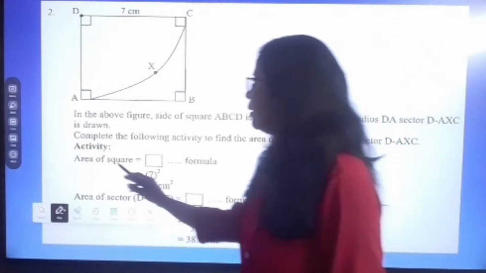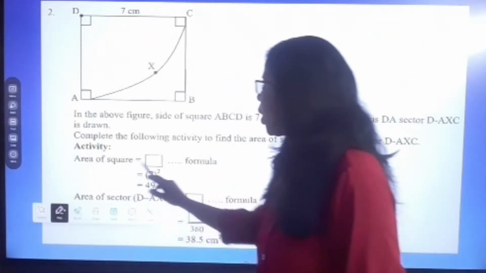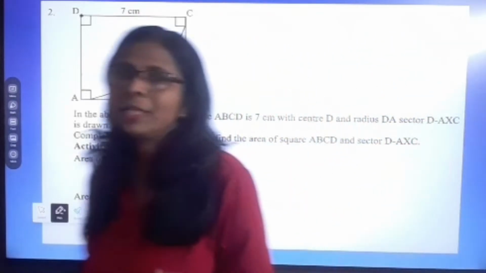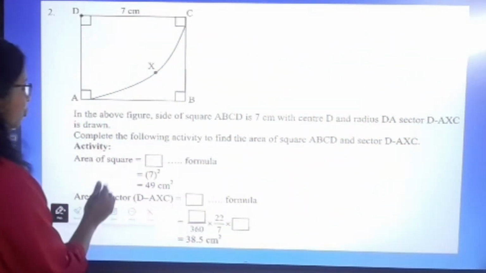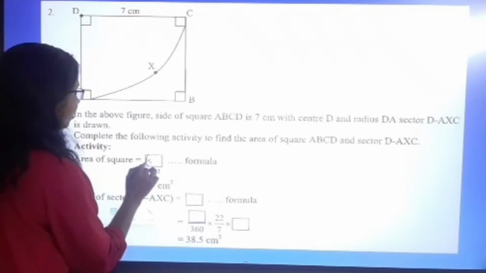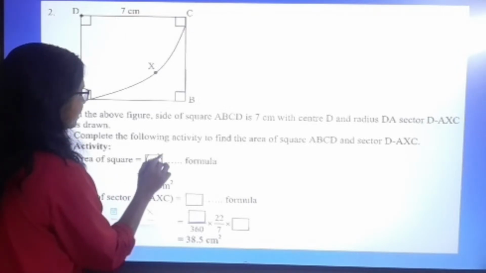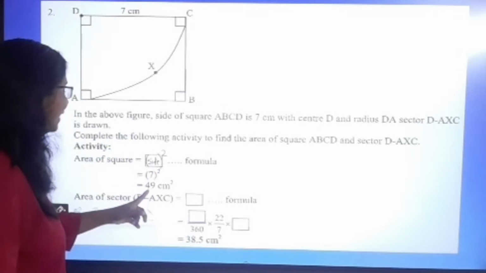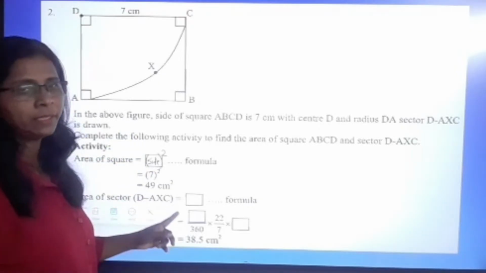So the activity: area of square. Yes students, area of square, that means square of side. So here I write down the formula, square of side. The side is 7, so square of 7 is equal to 49 square centimeter.